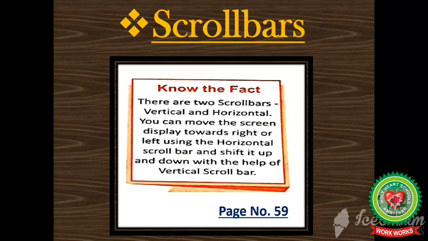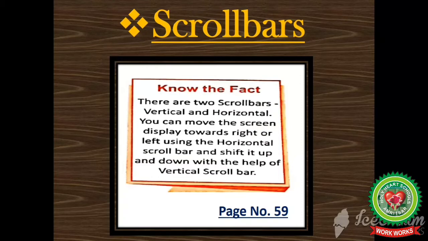Now we will do the side topic which is given on page number 59. Scroll bars are used to move the screen display towards right or left using the horizontal scroll bar and shift it up and down with the help of the vertical scroll bar.